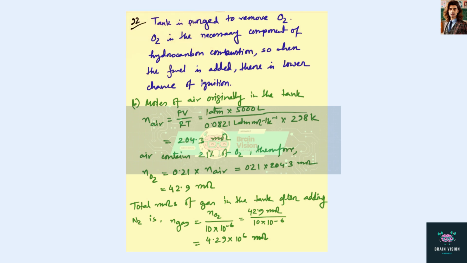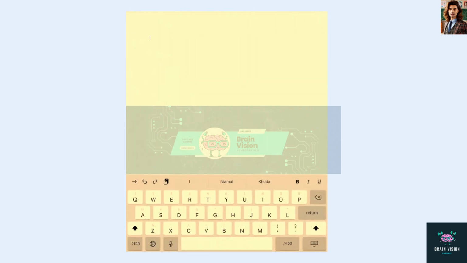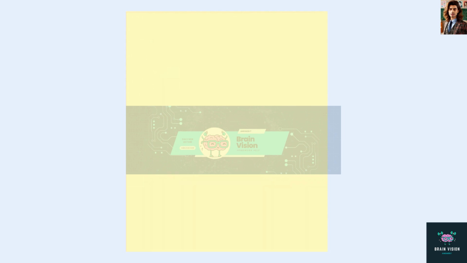Then the pressure of the gas is equal to number of moles of gas multiplied by RT divided by the volume.